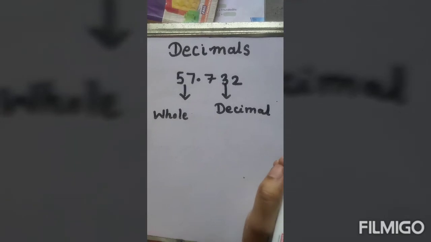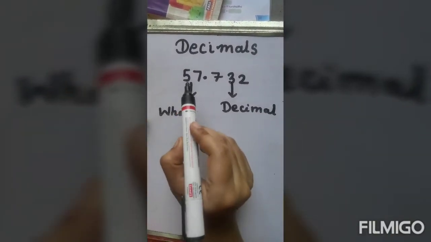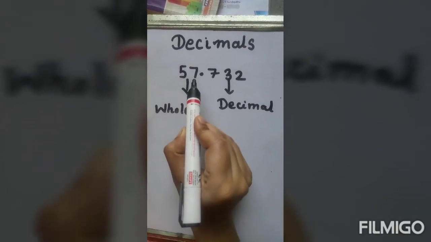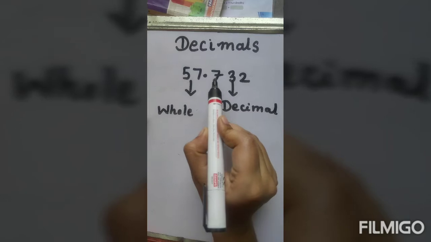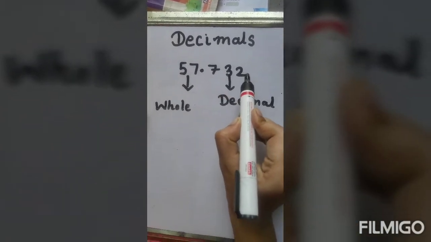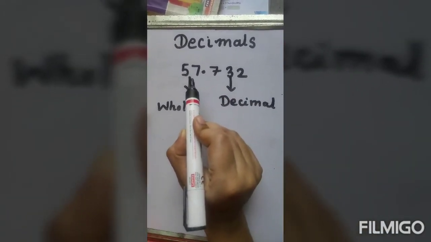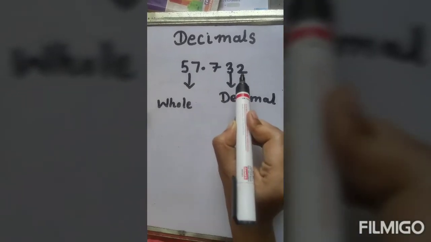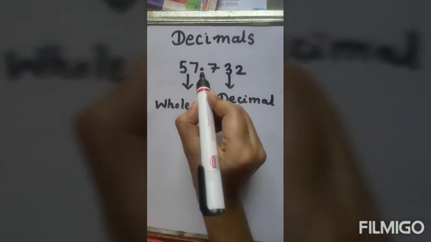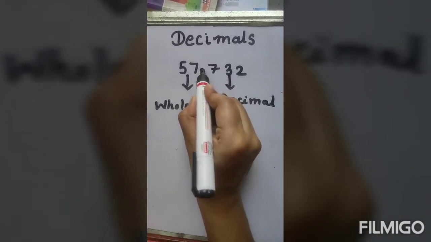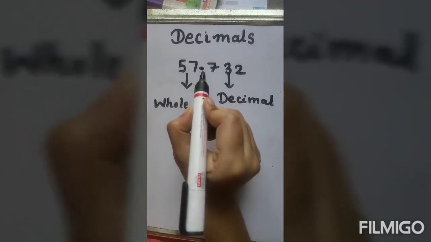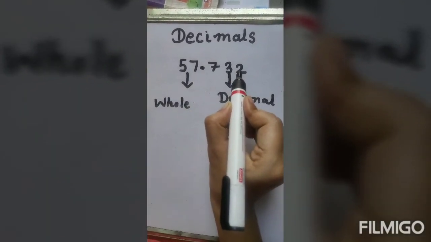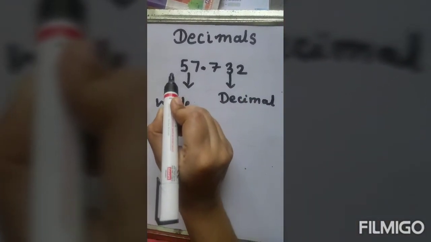Now we will look at the place value and the expanded form of decimals. Now we will see how to read a decimal number. This is written 57, then a decimal point, then the value 732, and we will read it as 57.732. Now children, we can see this is a decimal point, and there is some value at the right side and some value at the left side.